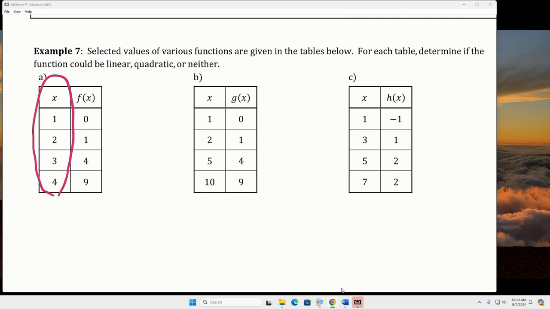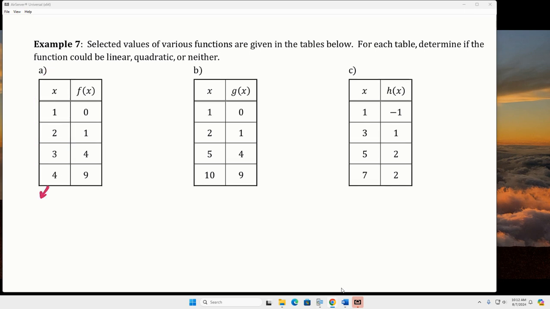Yeah. So I'm just going to make a note. As long as that's true, we can answer quadratic. If it isn't true, then we can still answer linear and we can still answer neither, but we cannot answer quadratic.